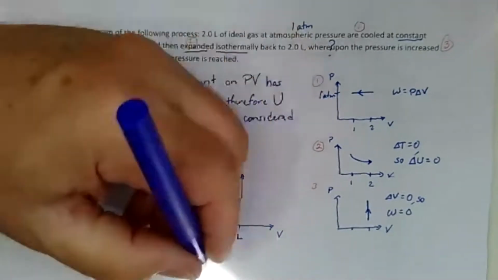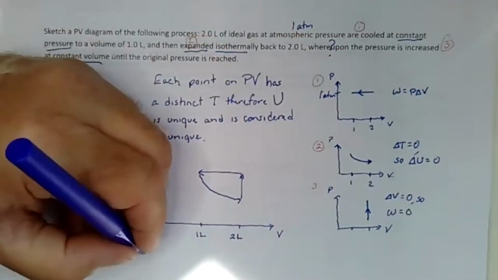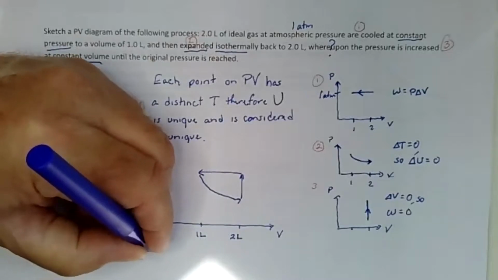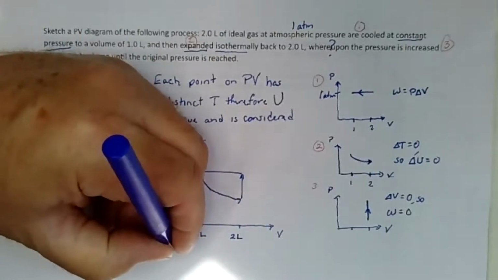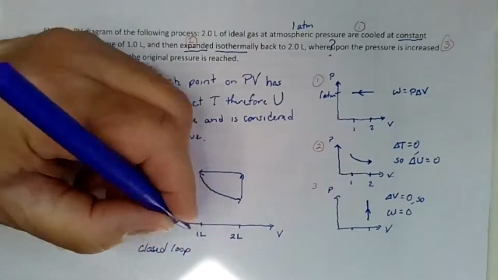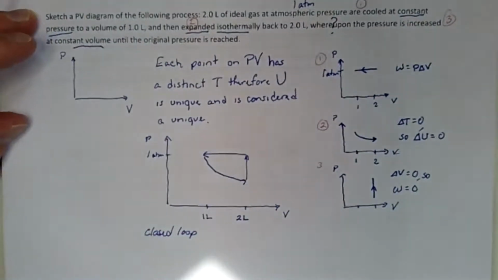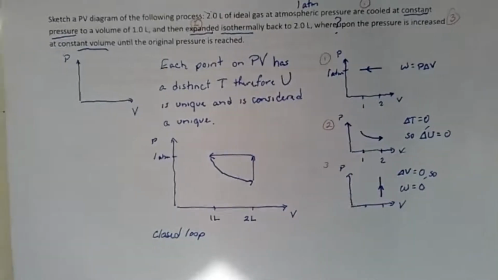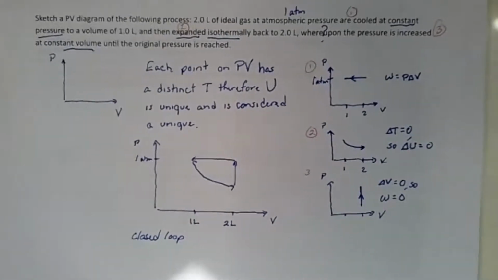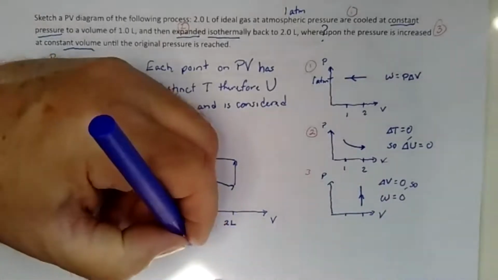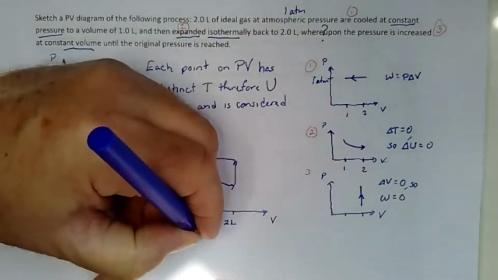So with a closed loop, we wind up back at the same temperature. Closed loop lands back at the same temperature.